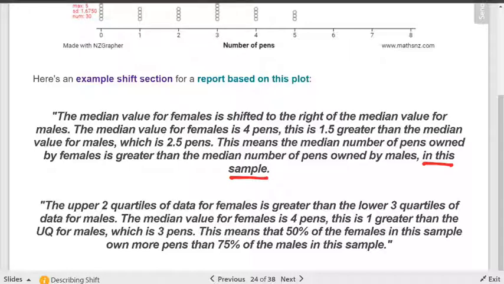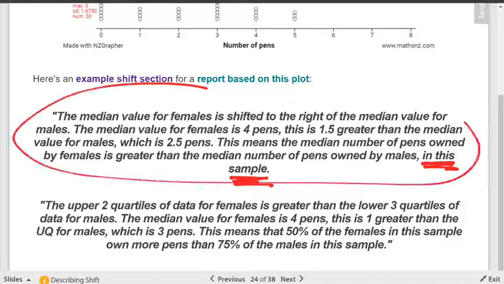No. In this particular sample, it's true. So this phrase is critically important. Make sure you refer back to the fact that you're using a sample of the population. That's the whole analysis right there. And again, you can copy and paste that into some document and replicate it for your data.